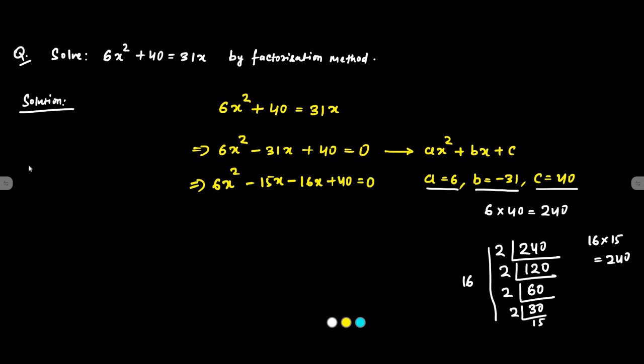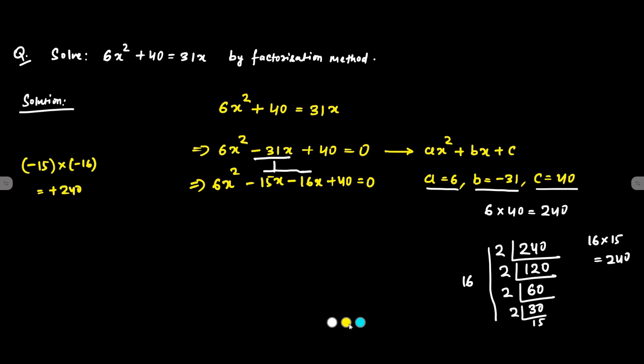Here we know −15 into −16 is also equal to plus 240. Minus minus becomes plus, 15 into 16 is equal to 240. So yes, we can split this −31 in this way.